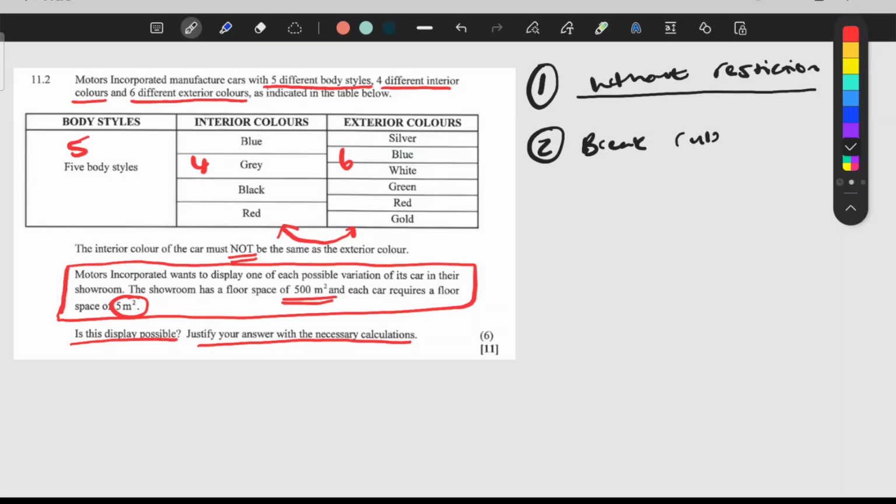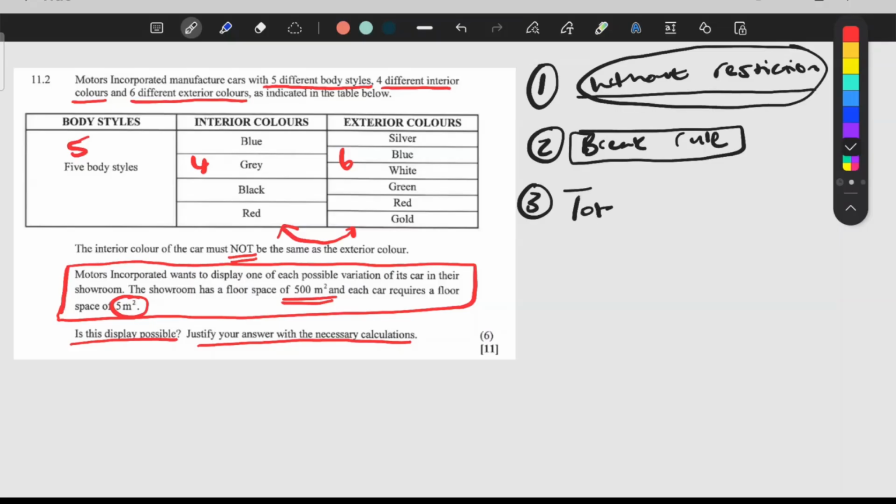The total number of combinations minus the ones that break the rule will give me the number of cars that abide by the restriction. And then I'm going to see if all of these cars will fit into this space.